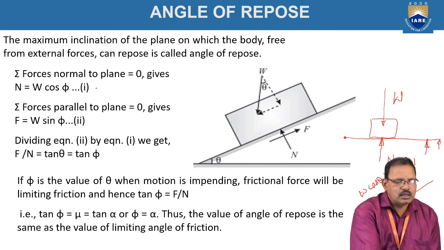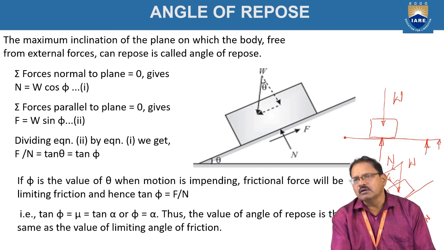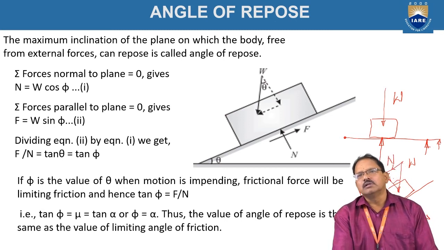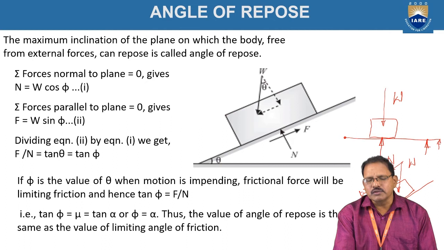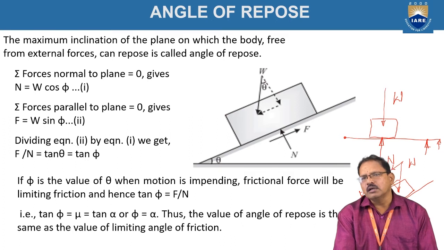Hence N is equal to W cos theta, equation number 1. The second one is when the forces are resolved parallel to the plane: the frictional force is balanced with the sliding force, F equal to W sin theta.